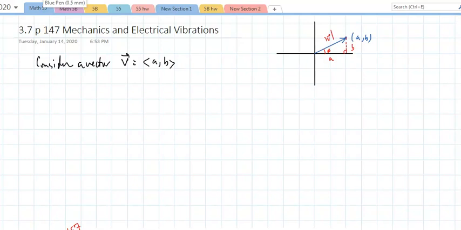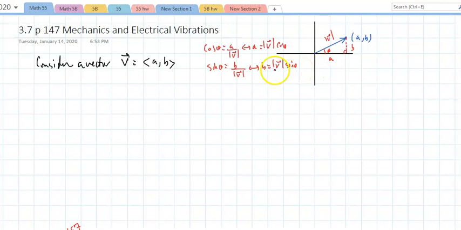If you recall how this works, well, cosine of theta is the adjacent over the hypotenuse. And I could say here that A is magnitude of V cosine of theta, right? And sine of theta is B over the magnitude of V, and similarly, B would be magnitude of V, the sine of theta.